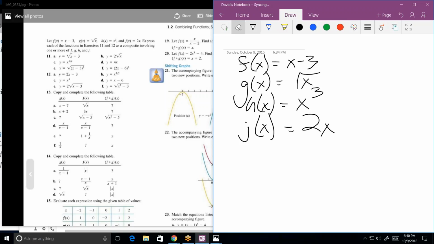Which two functions are going to be involved for c? So for c, there's a 1/4. C is a little tricky. I'm pretty sure I'm going to need the h, because that's the only one that has a power of something.